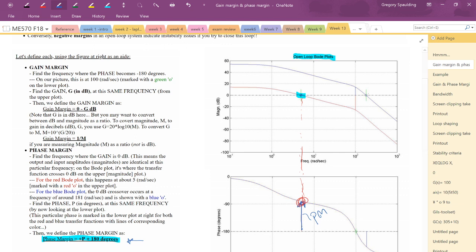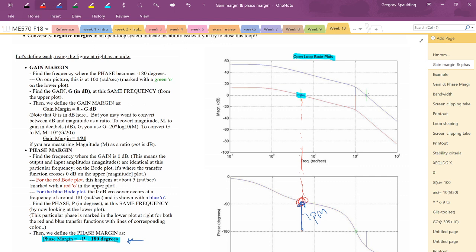Or you simply can go from the minus 180 phase and go up to your phase plot line, and that is the phase margin, so it would be 95 degrees. Okay, so that's the phase margin. We get it from the crossover frequency on our magnitude plot. Okay, and this is a little counterintuitive. We've got to watch out for that.